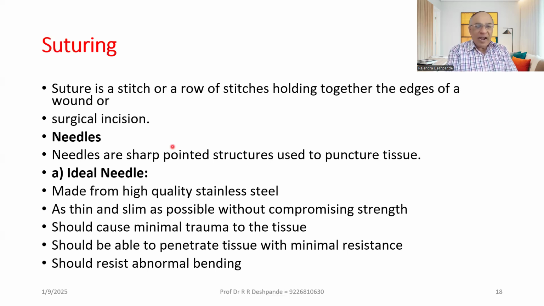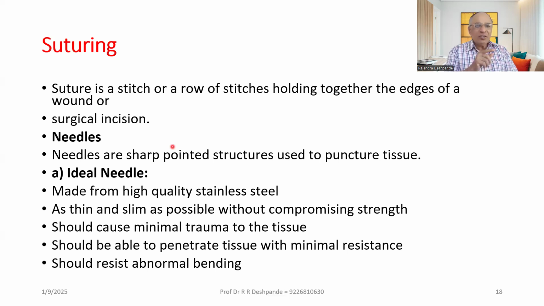Number one, ideal needle. Ideal needle is always made from high quality stainless steel. Number two, the ideal needle should be as thin and slim as possible without compromising strength. Ideal needle should cause minimal trauma to the tissue.